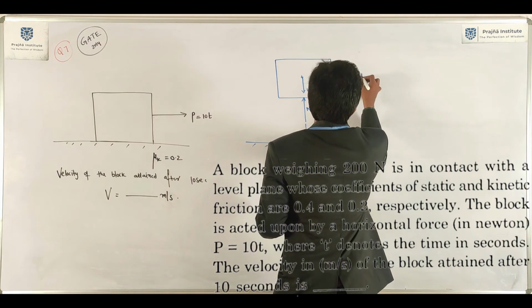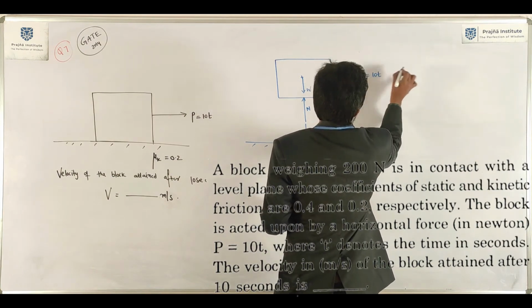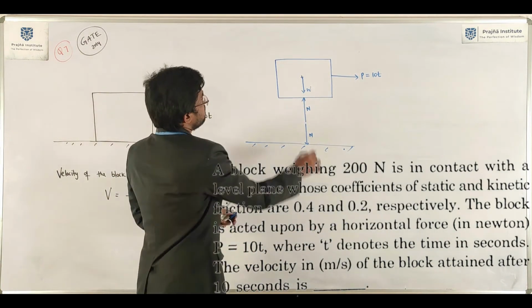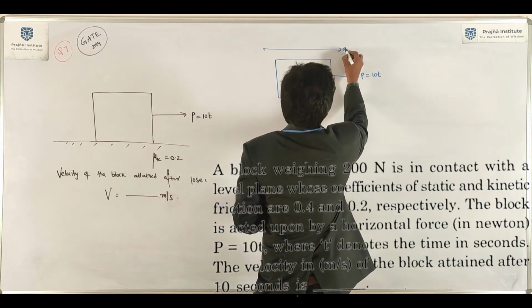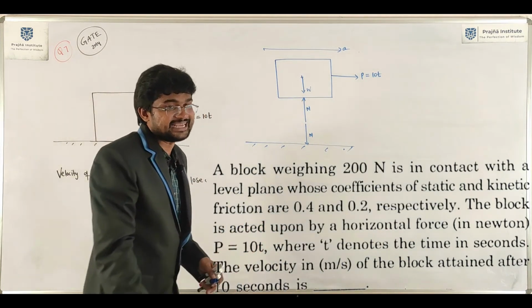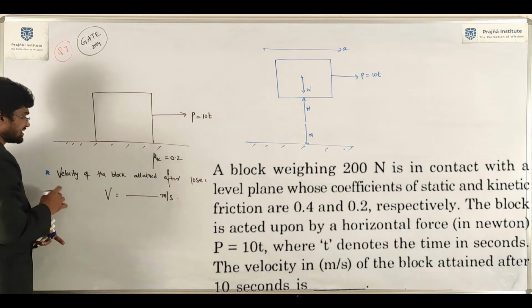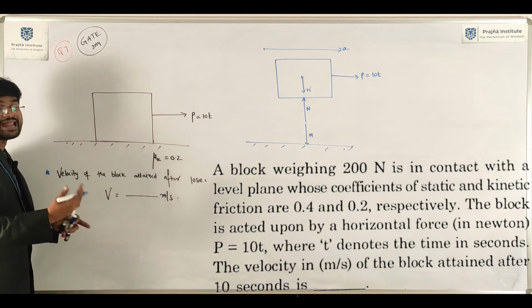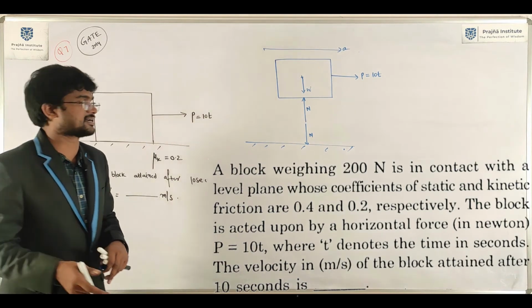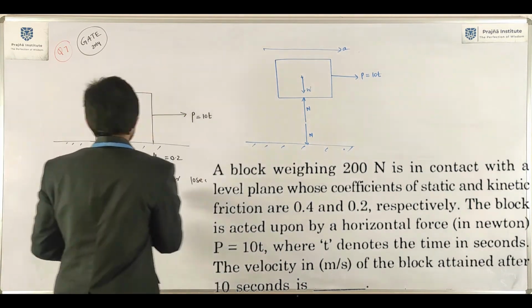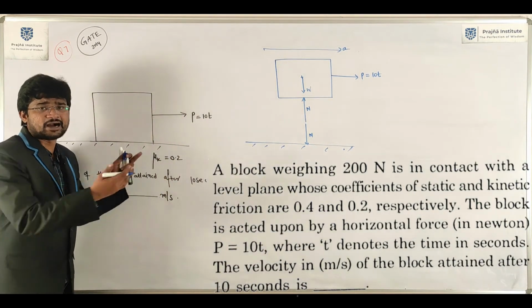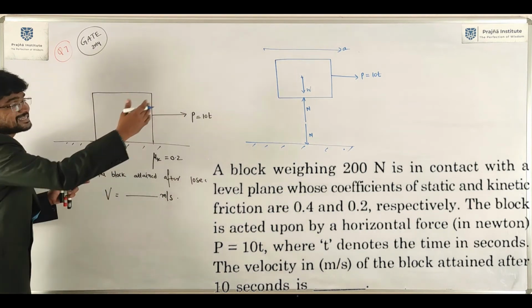P equals 10t. So the block will move in this particular direction with acceleration A. The block is moving in this case, because they ask to determine the velocity of the block after 10 seconds. So what coefficient of friction do you take? You need to take the kinetic coefficient of friction, because the block is in motion.